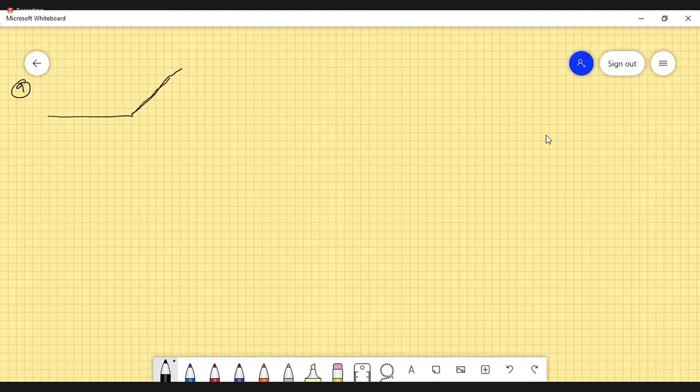Total length is L and mass is M. So if you bend like this, the masses are equal. Here the origin is given, and it makes an angle theta. Now we have to find the center of mass.